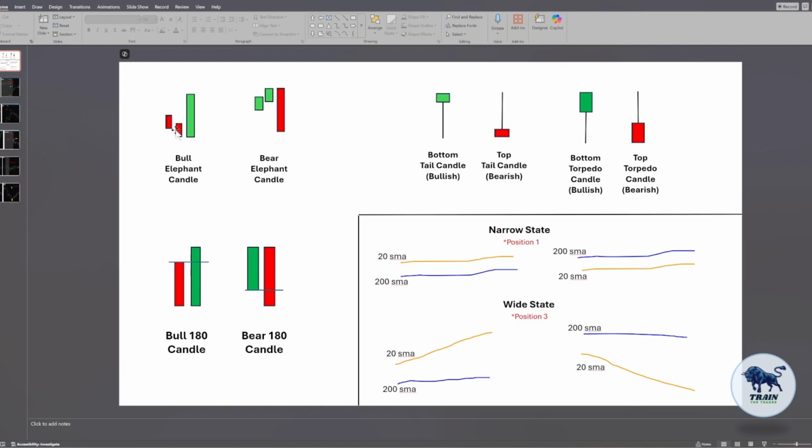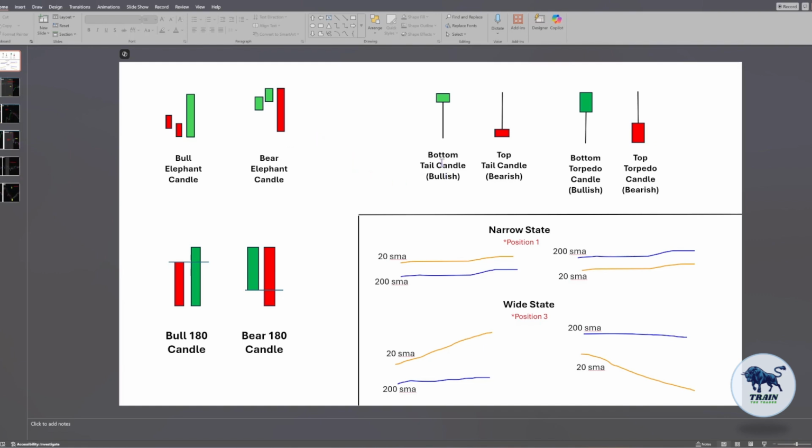Okay, so you'll see it come in like this, boom, big green candle, or the bear elephant candle, which is a big red candle. So it's a significantly larger candle than its counterparts, I'd say within like the previous 5 to 7 candles prior to that big candle. That's what you want to pay attention to. And again, I'm going to show you guys examples, so don't get caught up on that.